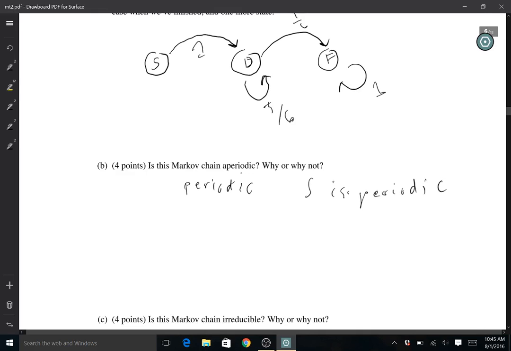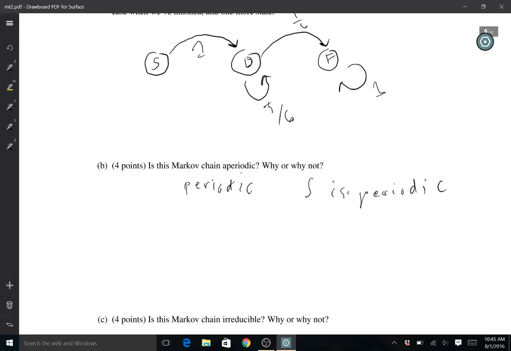The definition of periodic just means that one of the states has a period, so you just need to find one of the states with a period. And usually in an irreducible Markov chain, you only need to look at one state to decide if the entire Markov chain has a period, because if it's irreducible, then every state will have the same period. However, this is not irreducible, and I'll explain why in part C. But since it's not irreducible, you have to look at each state.